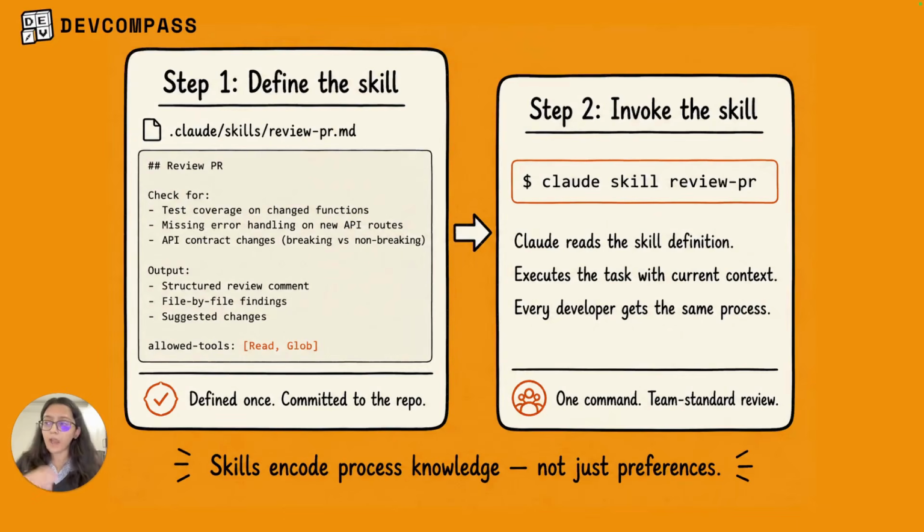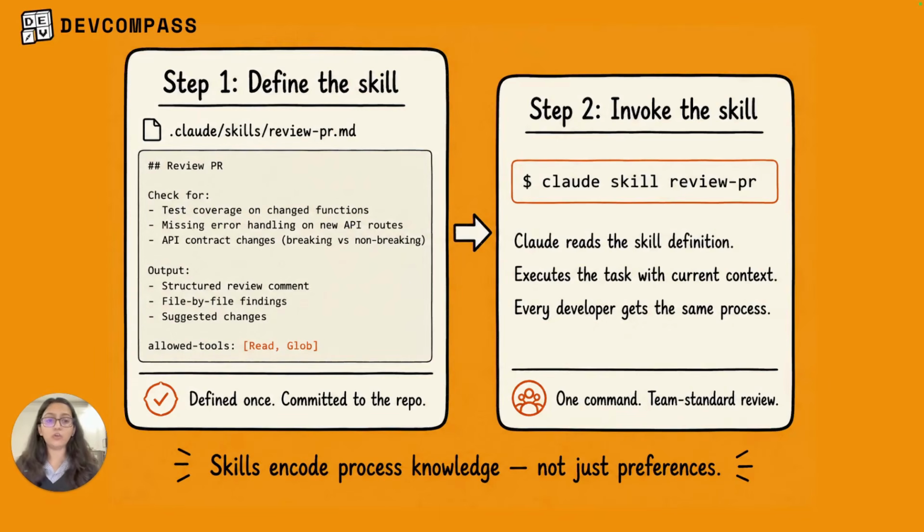You write a markdown file in .claude/skills. The example is, let's say, review-pr. It lists what to check: test coverage on changed functions, missing error handling on new API routes, API contract changes. It specifies the output format: structured review comment, file-by-file findings, suggested changes.